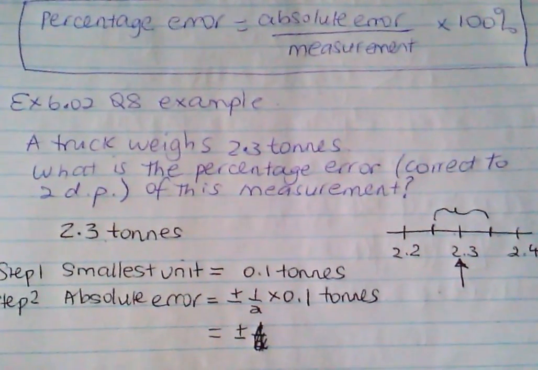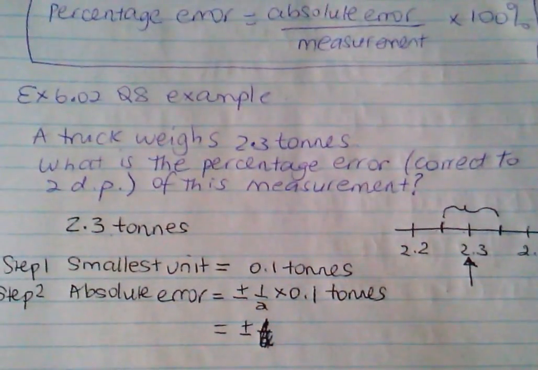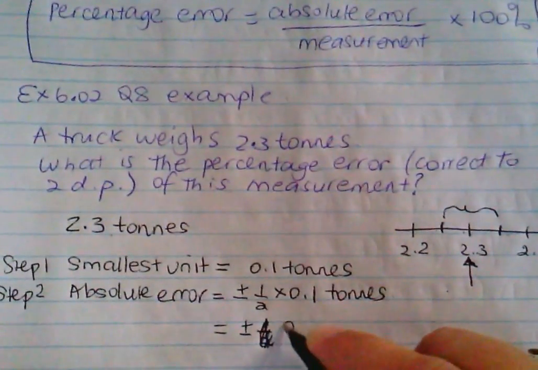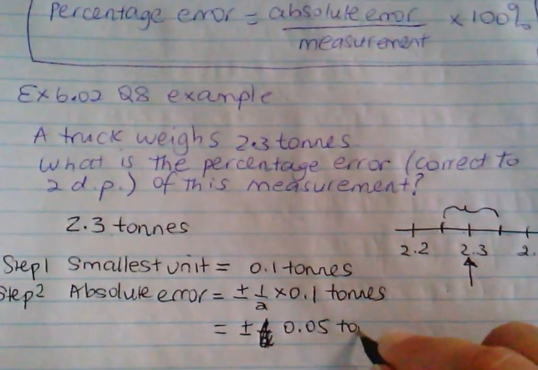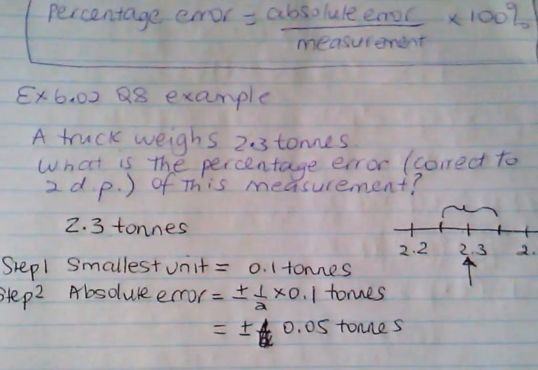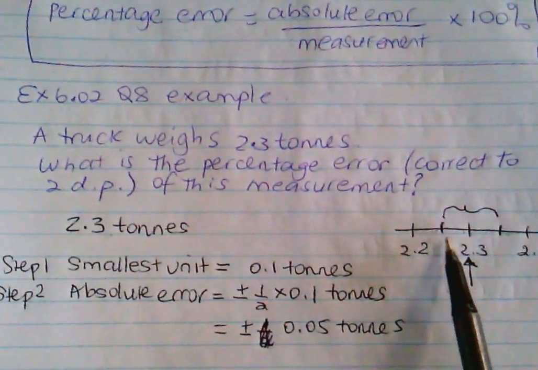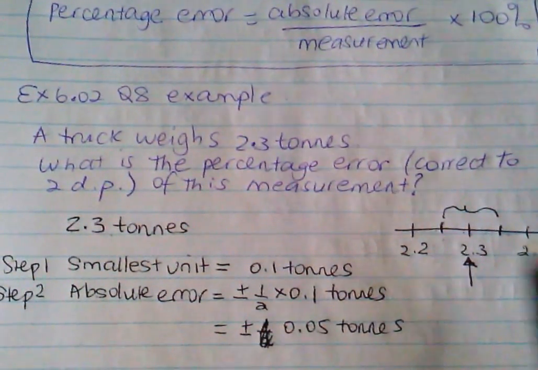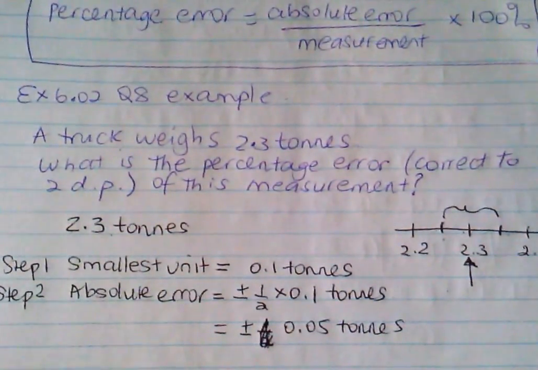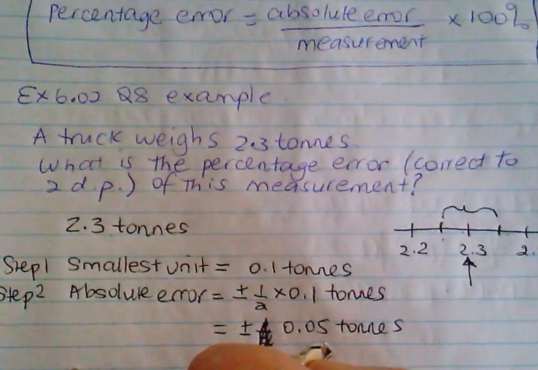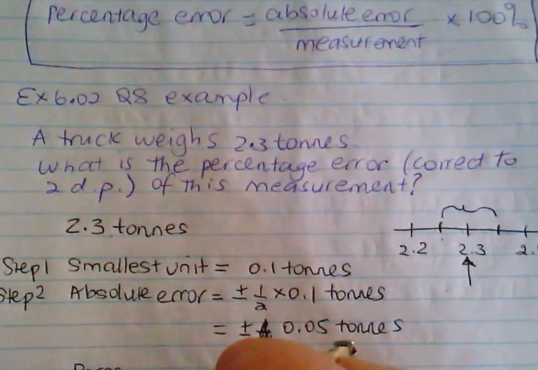Yeah, 0.05. So that's the error. The question is not asking you where the measurement lies between. We did that earlier. You know it's between 2.25 and 2.35, right? But I want the percentage error.